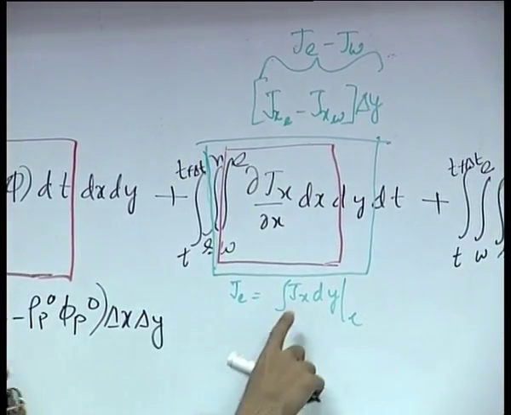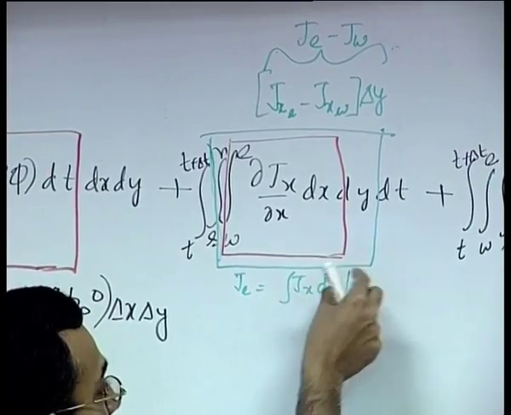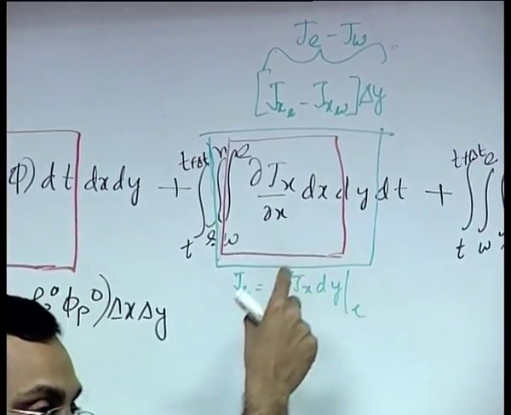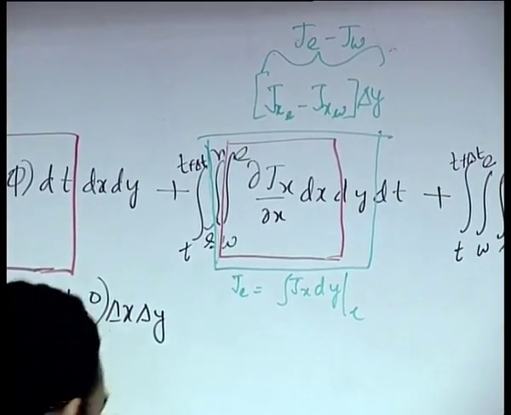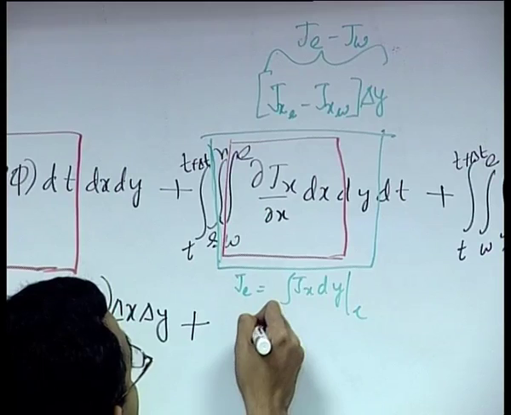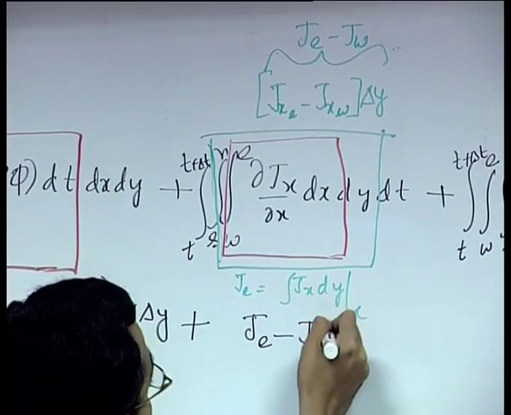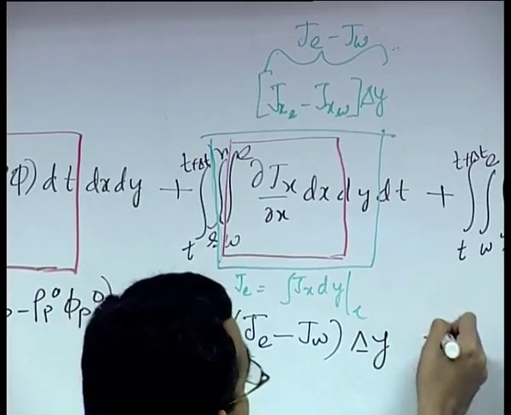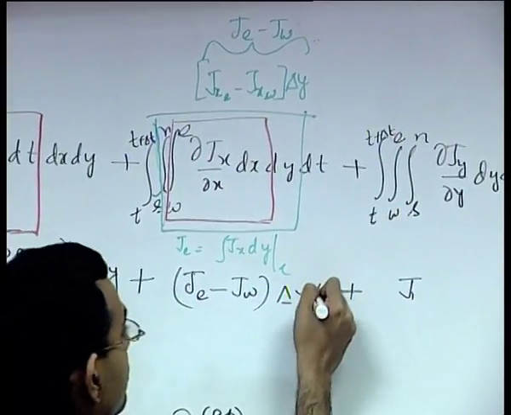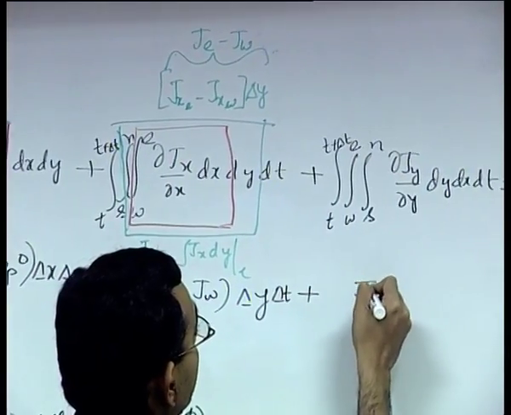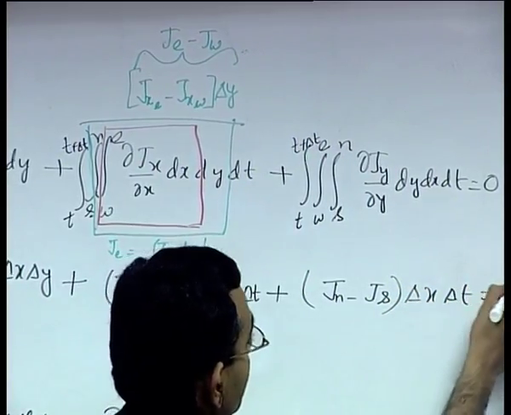So, the definition of the J is very similar to a one dimensional problem, except you have the previous J multiplied by a delta y. So, it becomes plus Je minus Jw into delta t, plus Jn minus Js into delta t, that is equal to 0.